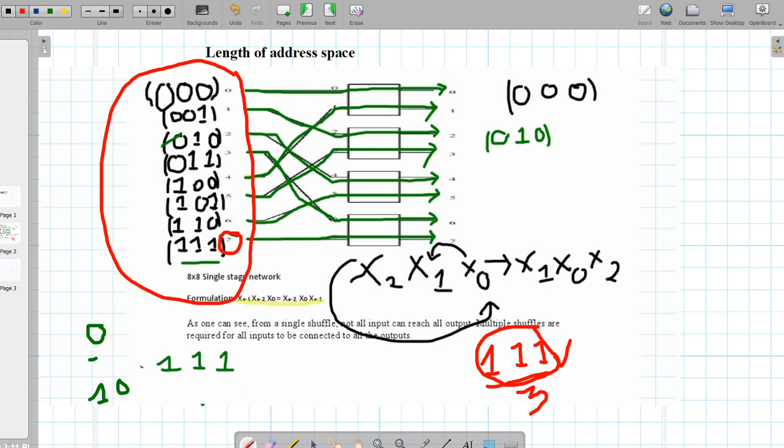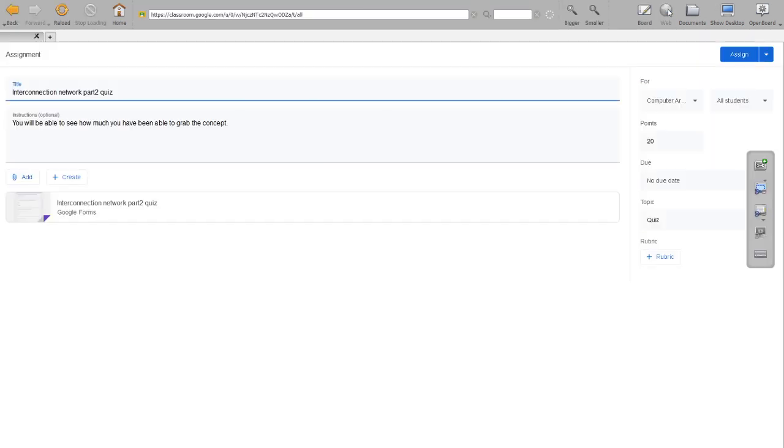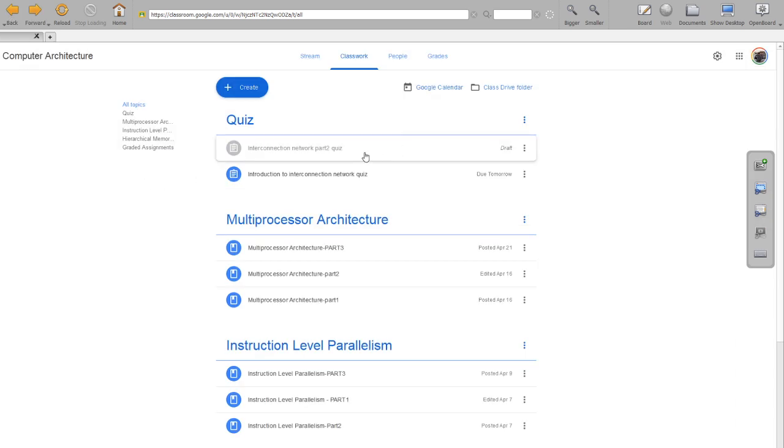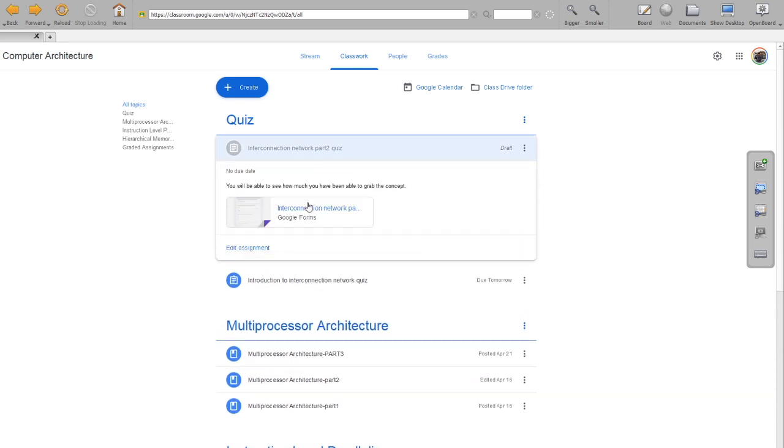Now what we have to do is go to Google Classroom. Then you can see that under the quiz section there is an interconnection network part 2 quiz. Hope you can see this. Just go to the quiz.